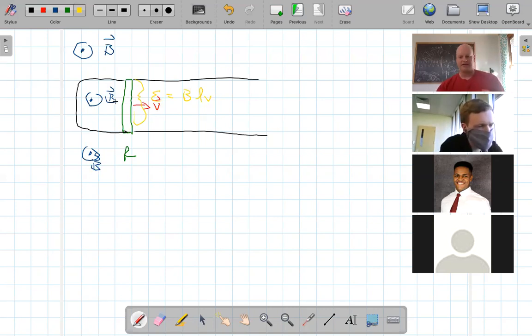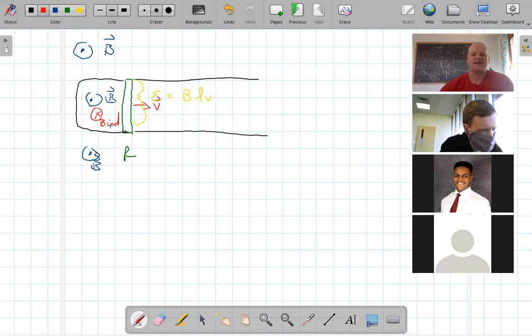Now what's happening here is I start off with an area this big, but then I'm going to pull my rod to the right, which means my area is going to get bigger and bigger and bigger, which means that since the area is getting bigger, the flux is getting bigger, which means the induced magnetic field I'm going to create is going to be in the opposite direction of the exterior magnetic field since the flux is getting bigger.